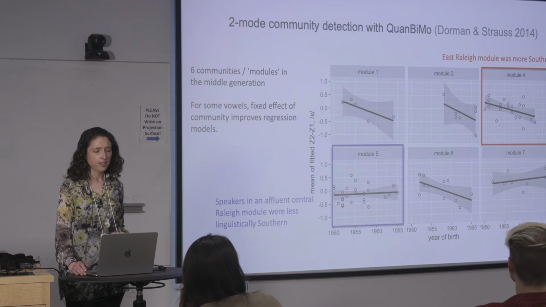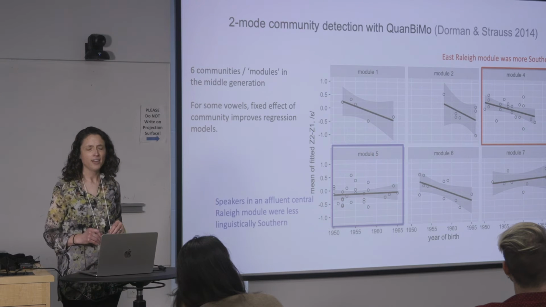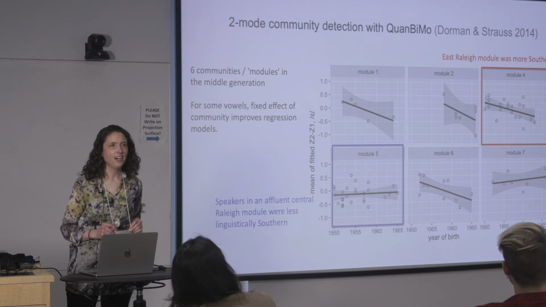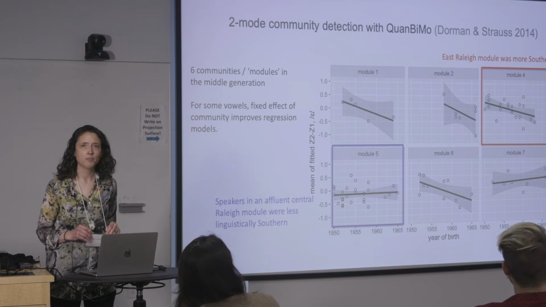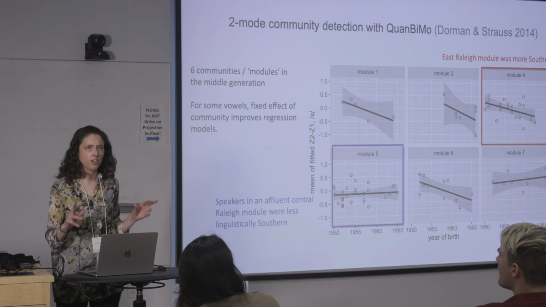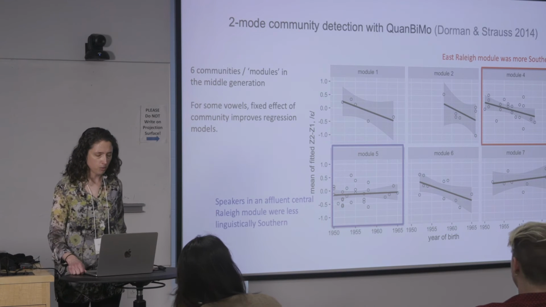We also ran this two-mode community detection routine called Quanbimo, and that was fine. It generated results that surprised me a bit at times, and I did some recoding on the basis of ethnographic knowledge and so forth, but I mean, trying to hold true to what Quanbimo told me.